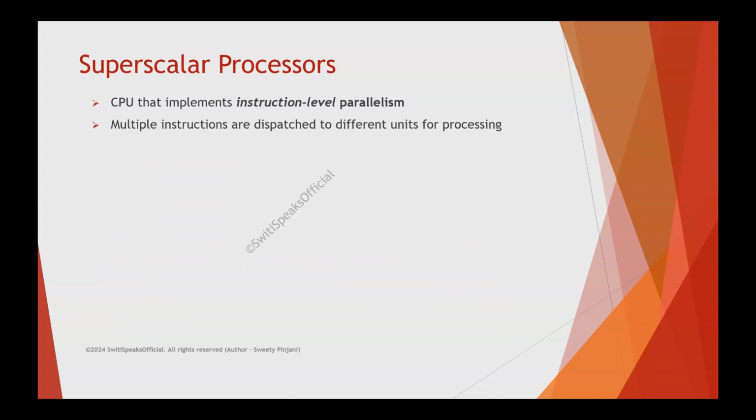Another feature is that multiple instructions are fetched together because there are different execution units where they can be executed. They are dispatched to those units for execution, and all that can happen simultaneously. I'll give you one simple example. Say you have integer instructions and floating point instructions, and you have a superscalar processor with a separate integer execution unit and a separate floating point execution unit.